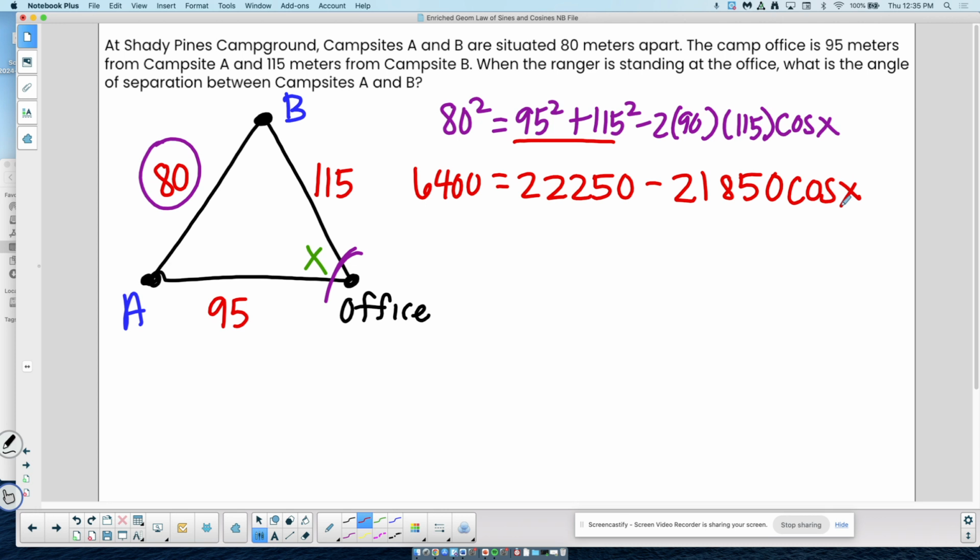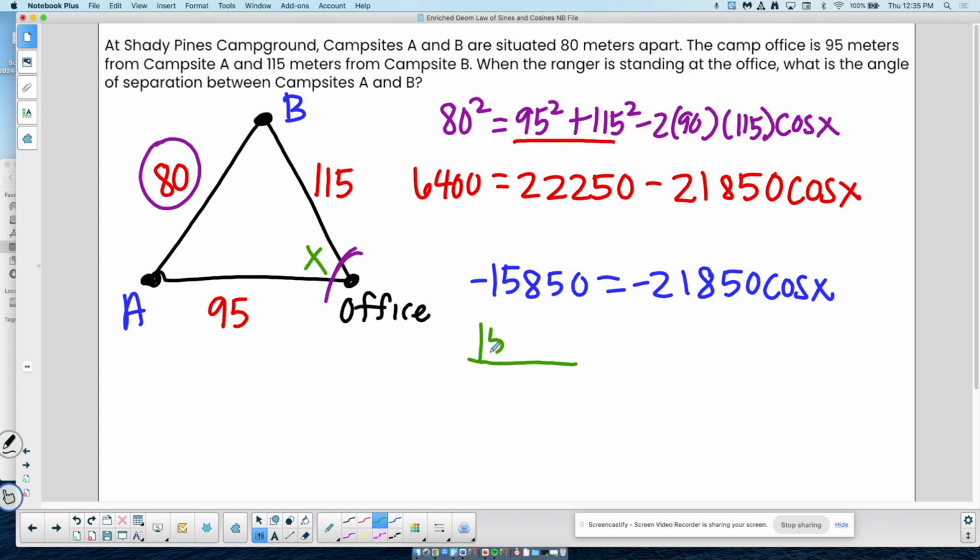And we want to get cosine by itself, so we're going to subtract that 22,250. So then we're left with negative 15,850 equals negative 21,850 cosine of x. Oh my goodness. Divide by that negative 21,850. Negative divided by negative is positive.